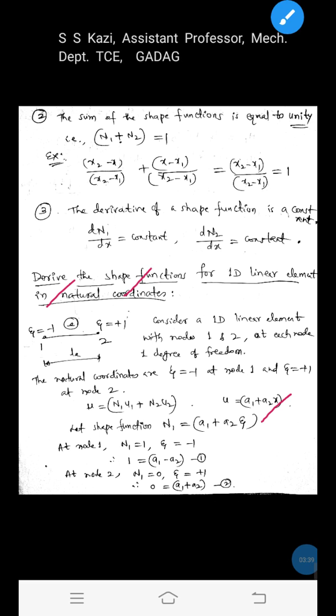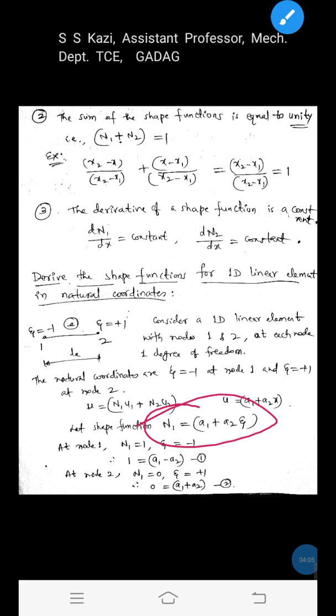It is very simple. At node 1 we know that N1 is 1, from the first property of the shape function, and zeta is equal to -1, which is one of the natural coordinate values. If we substitute N1 is 1 and zeta is -1 into the equation a1 plus a2 zeta, we get 1 is equal to a1 minus a2. Next let us substitute the conditions at node 2.